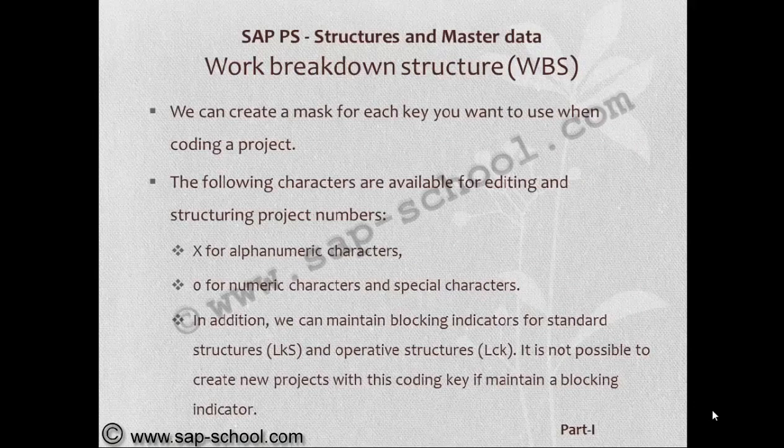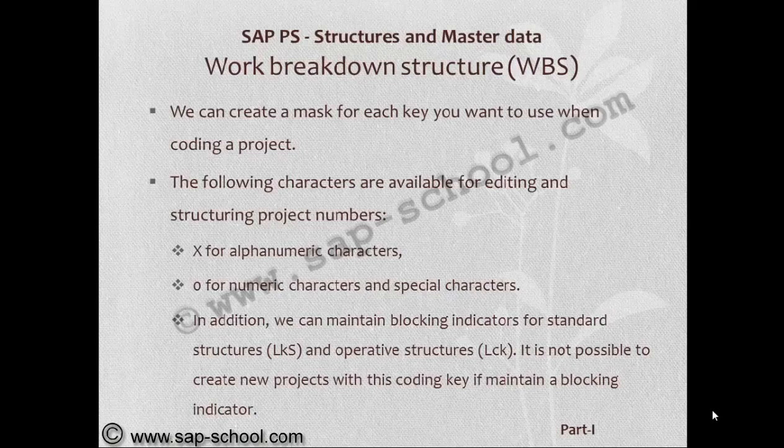The following characteristics are available for editing and structuring project numbers: X for alphanumeric characters, and O for numeric characters and special characters. In addition, we can maintain blocking indicators for standard structures and operative structures.